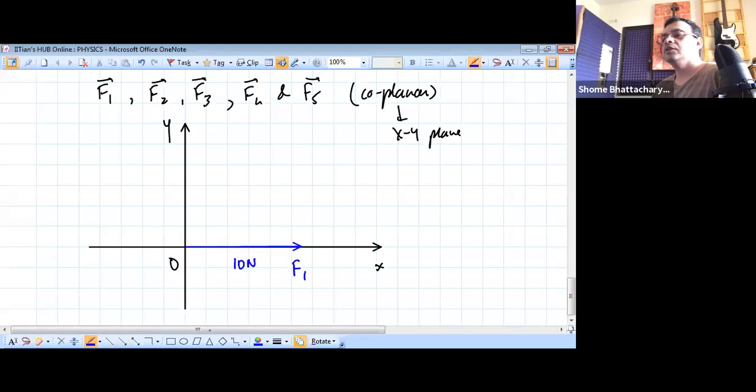This F1. Now in comparison to F1, F2 is, let's say, somewhere over here. Then F3 is, let's say, somewhere over here. Then F4 will be somewhere over here.